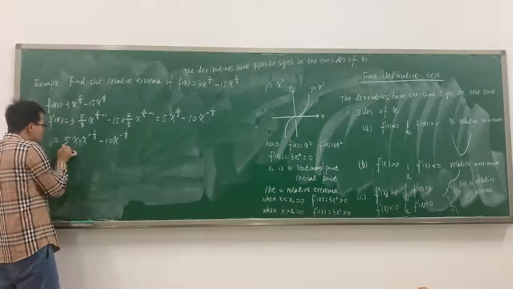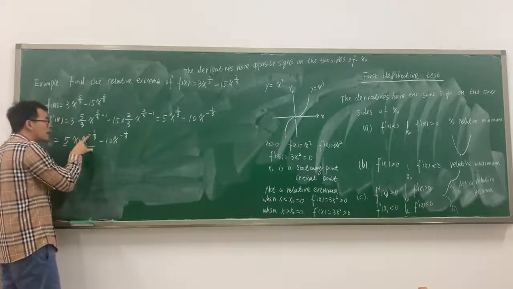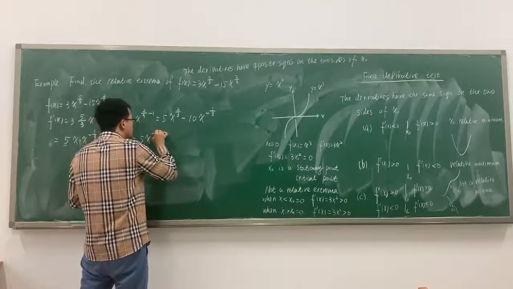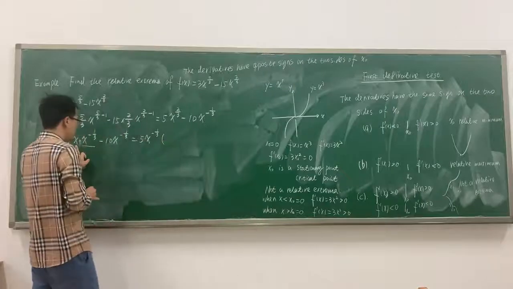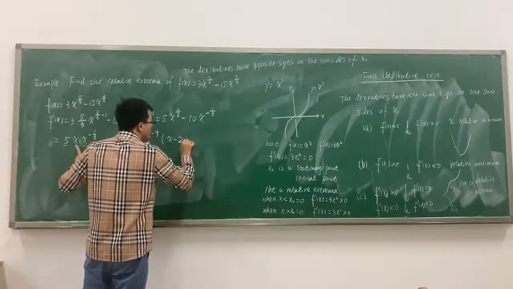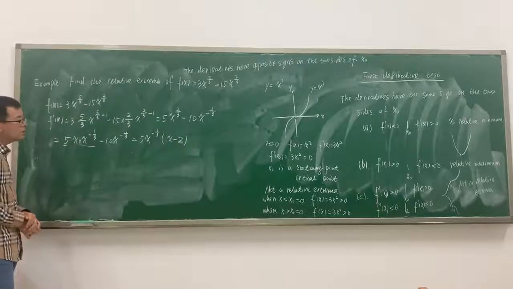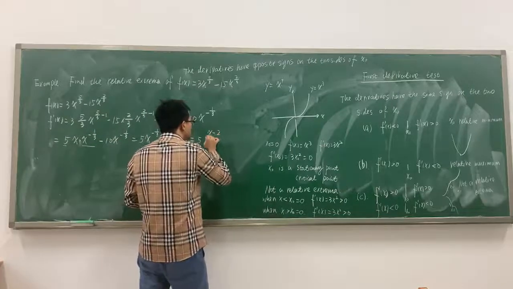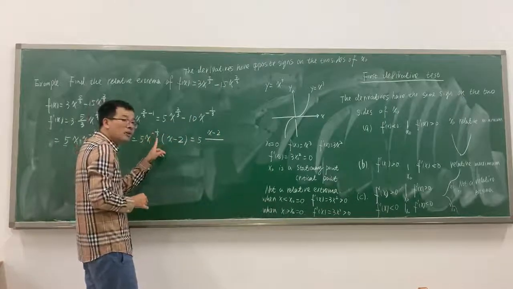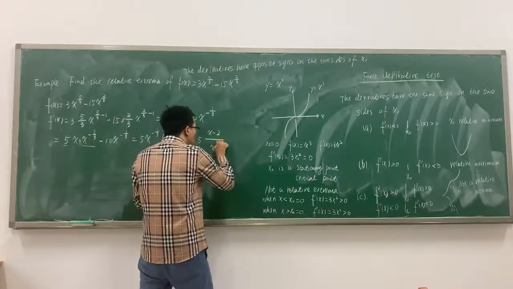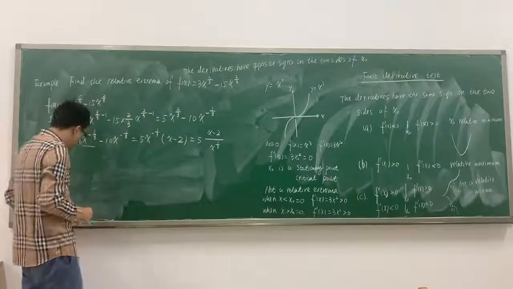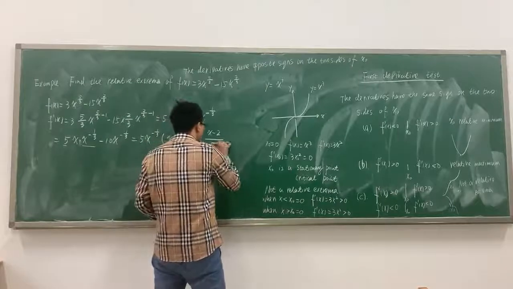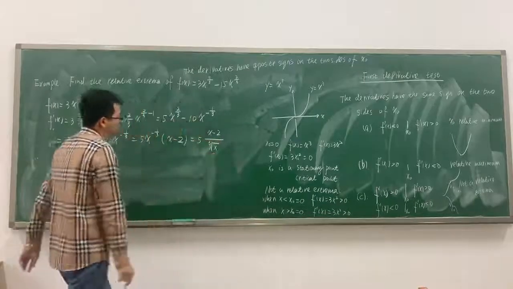We take out 5 and x to the power minus 1/3, so it is equal to 5 x to the power minus 1/3 times (x minus 2). Here x to the power minus 1/3 is 1 over x to the power 1/3, which is the cube root of x.